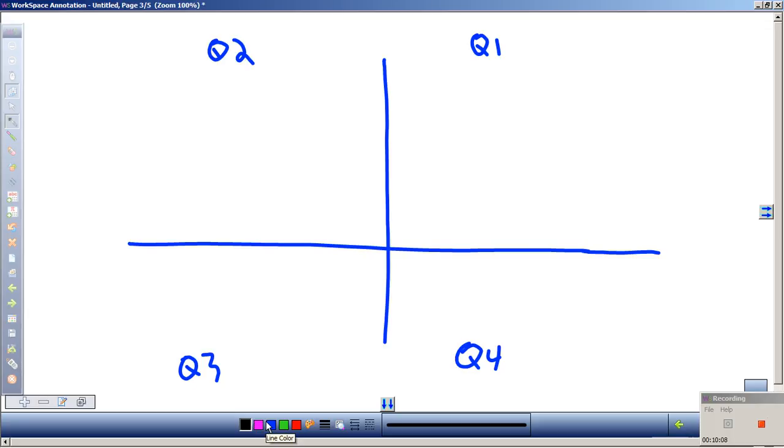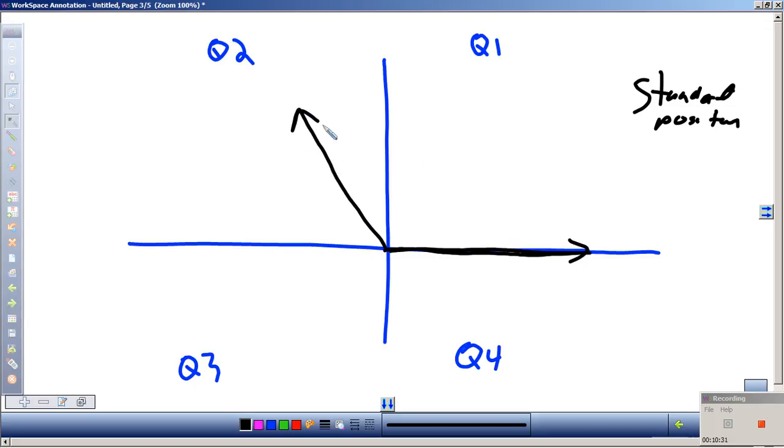Okay. So what we're dealing with is angles. Starting off, we want angles in standard position. Standard position always starts on the positive x-axis. And then we have our other angle from that. There.